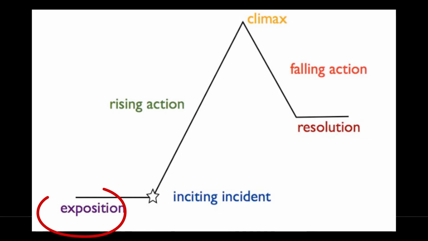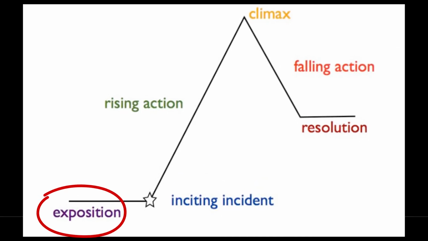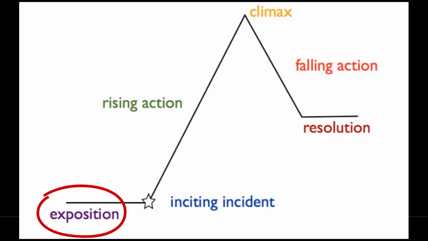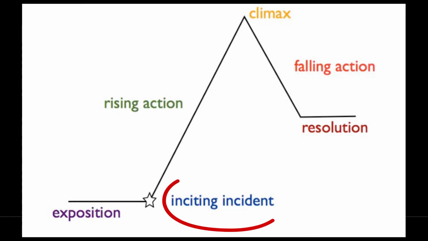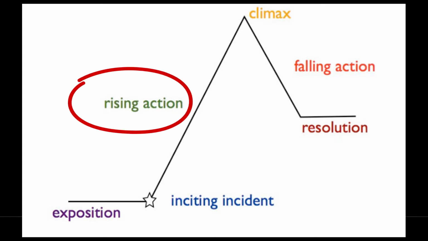The pyramid begins with the exposition, which introduces the major fictional elements. The exposition ends with the inciting incident, the event that starts the main conflict of the story. The rising action explores the story's conflict up until its climax. Things get worse in this part.